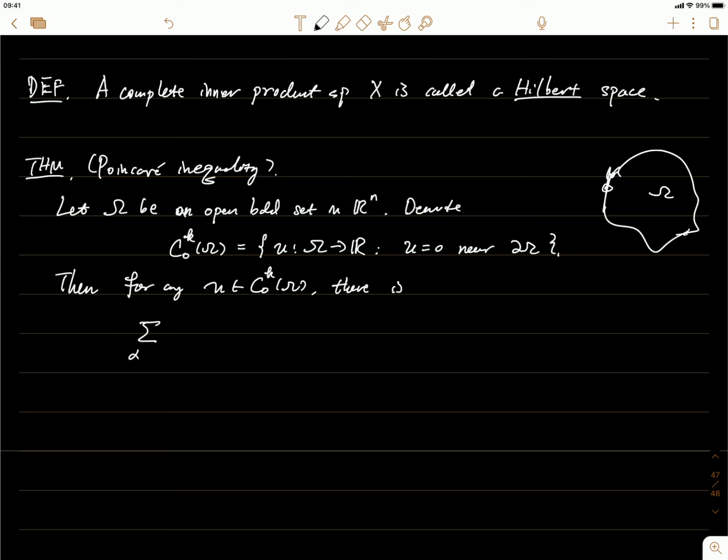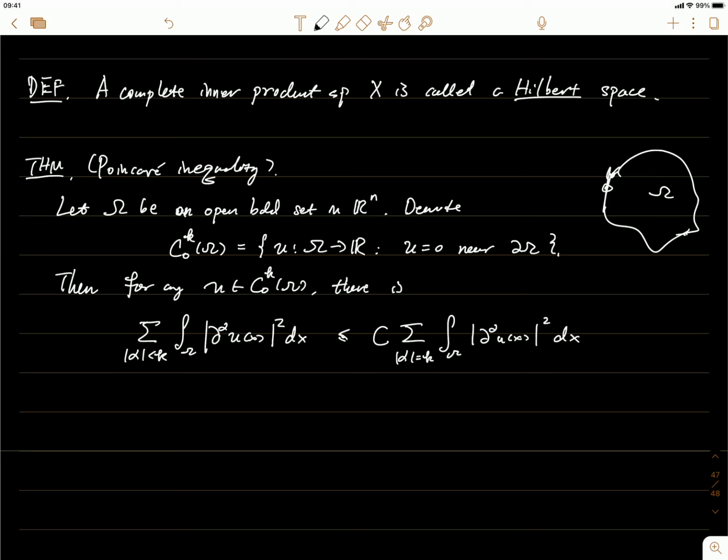On the left, we take all the multi-indices less than k, and the sum is less than or equal to some constant times the integral over omega of the squared D^alpha u(x) dx.